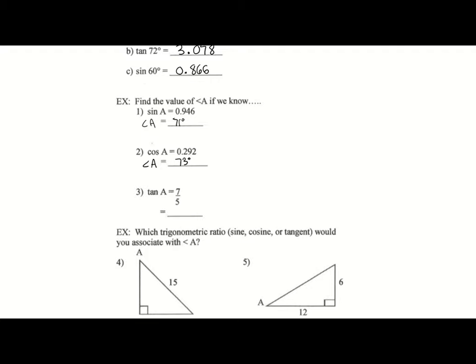And our last one says that the tangent of A is 7/5. So now the first thing we need to do is convert that to a decimal. And when we do that, we get 1.4.